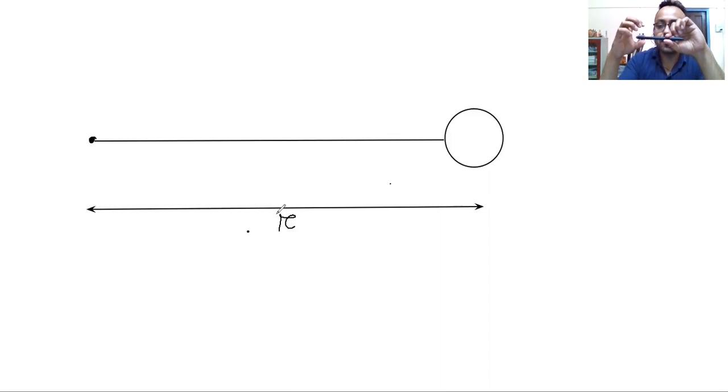So the center of mass will not be at the center, but towards the nucleus side. Say the center of mass is here, C. Now let us put the distance: the distance of the electron from the center of mass is x.